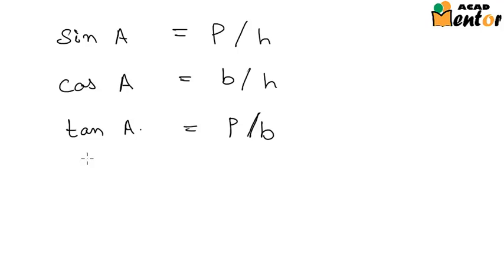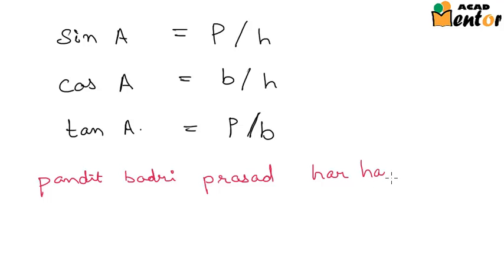Now there's a small trick. We'll write Pandit Badri Prasad har har bole sona chandi tole. So this is the trick. Pandit Badri Prasad har har bole sona chandi tole.